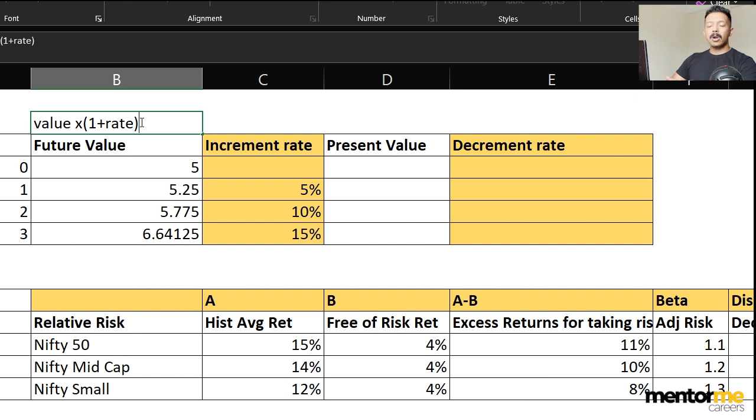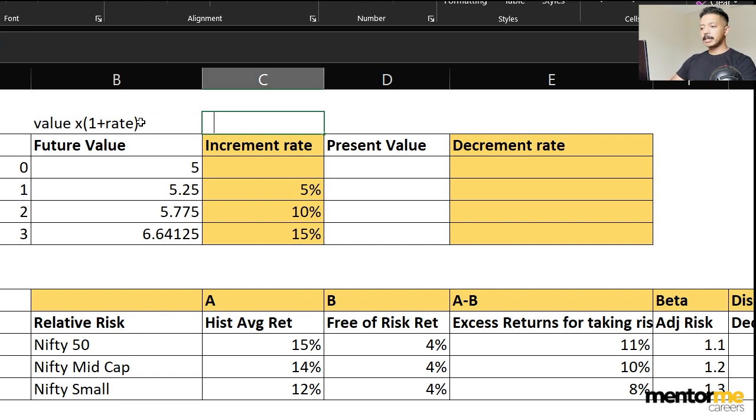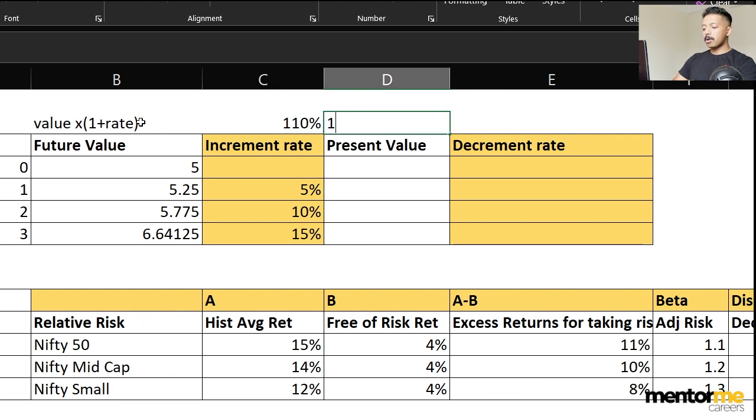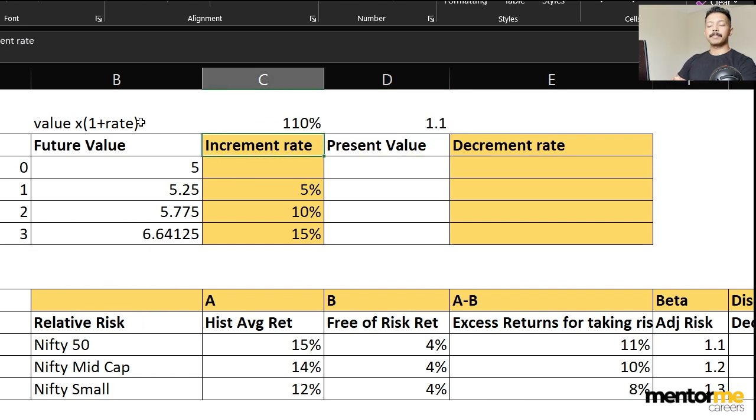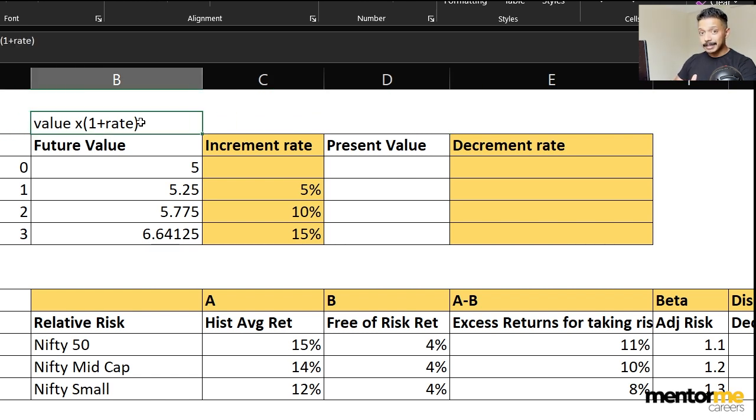If you are saying 10%, then basically it has become 110%, or 1.10. It can't be into 10%, because that would only give you 10% of 5 rupees, but you are trying to increase over and above 5. So it has to be 100 plus the percentage increment.